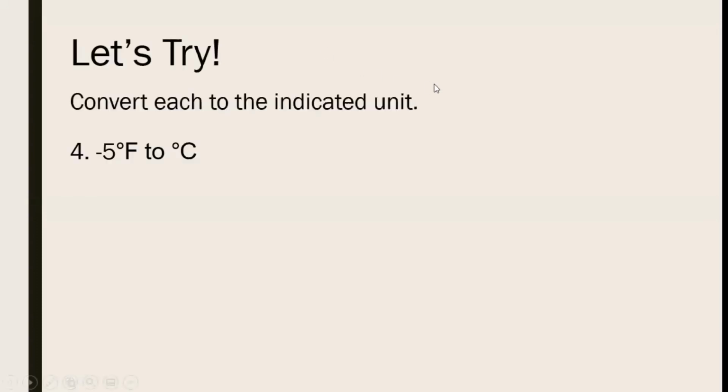Let's try another example. Negative 5 degrees Fahrenheit to degrees Celsius. First step is to write the given. Given is equal to negative 5 degrees Fahrenheit. And we are asked to find its equivalent value in degrees Celsius.